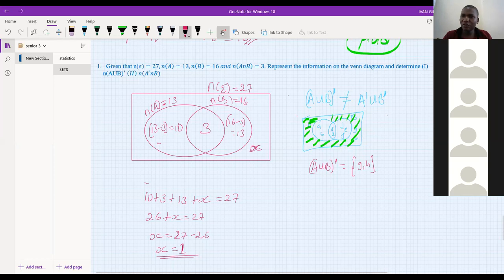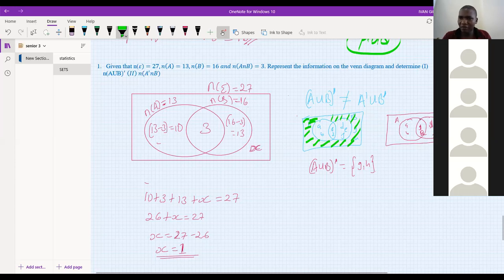We shade the region A complement union B complement. We have this, we have that. This is our A, this is our B. We still have our elements A, B, G, H. I mean, this is 1, 2, I mean B, E, F, G, H, something like that. So let's shade the region A complement union B complement. So I first shade the region A complement.